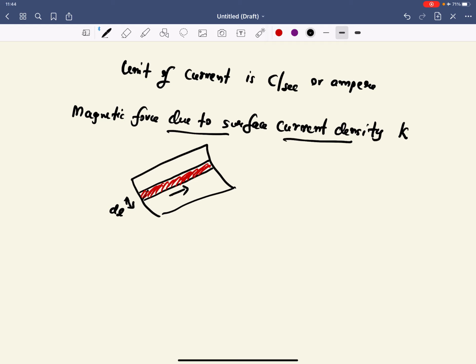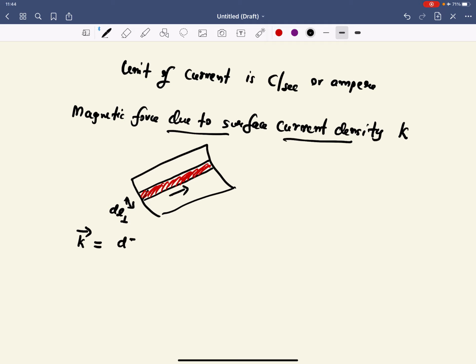This surface current density can be estimated by considering a ribbon, and the width of the ribbon is dl. We can also use a perpendicular notation so that it is very clear that this dl is perpendicular to the flow. This charge distribution is in fact two-dimensional. Now let's find this K, the surface current density.